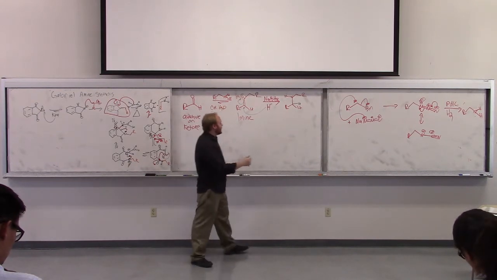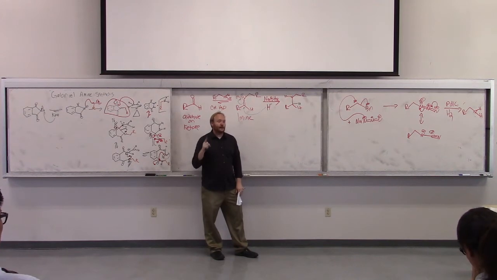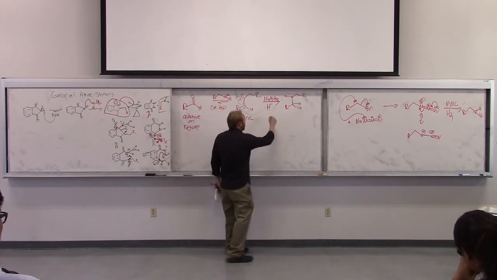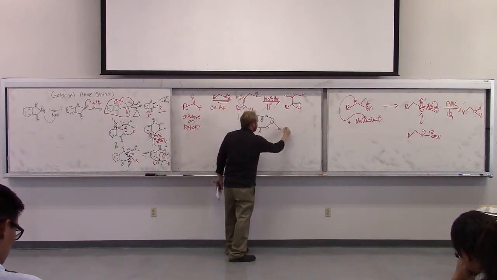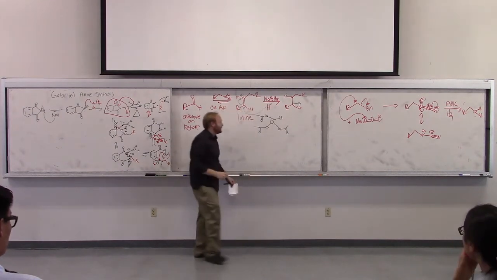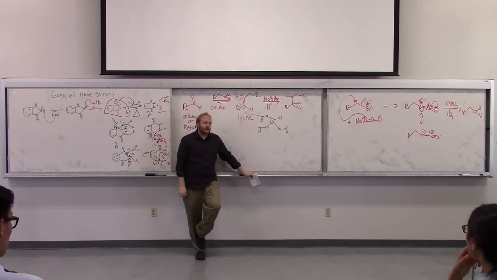But what chemists really like to use are borohydride reagents that only have one hydride. Let me give you an example of one. So it's sodium trisacetoxy borohydride. So instead of having 4 hydrogens, it has 3 acetoxy groups.